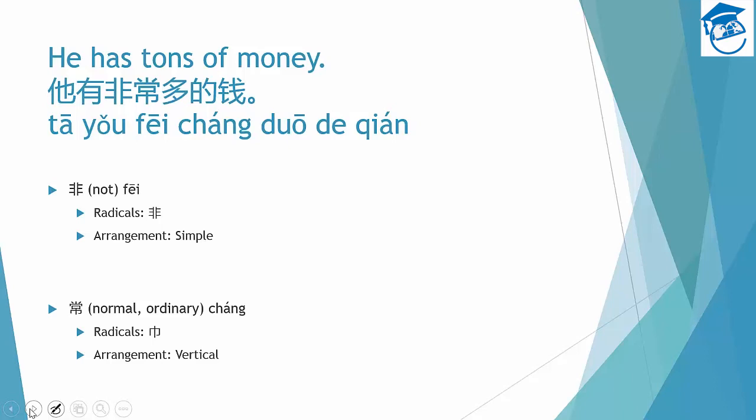非常. 非 means not. I will tell you why to say like more than a lot we use this word, but for now just bear with me that it means not. Okay, for 非. This is the pinyin and the radical is itself, and the arrangement is simple.